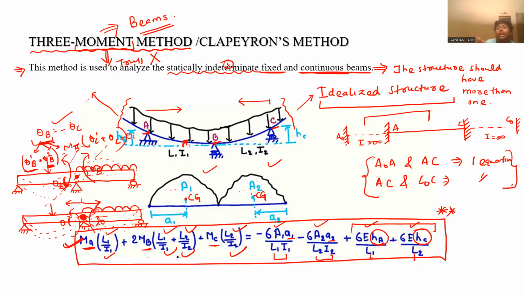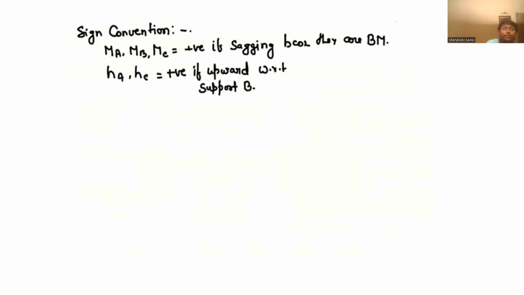Now, the next question comes, how will we take the sign convention? So, come to that part. MA, MB and MC you have to always consider clockwise positive, or positive if sagging, because we generally take sagging bending moment to be positive. Got it?